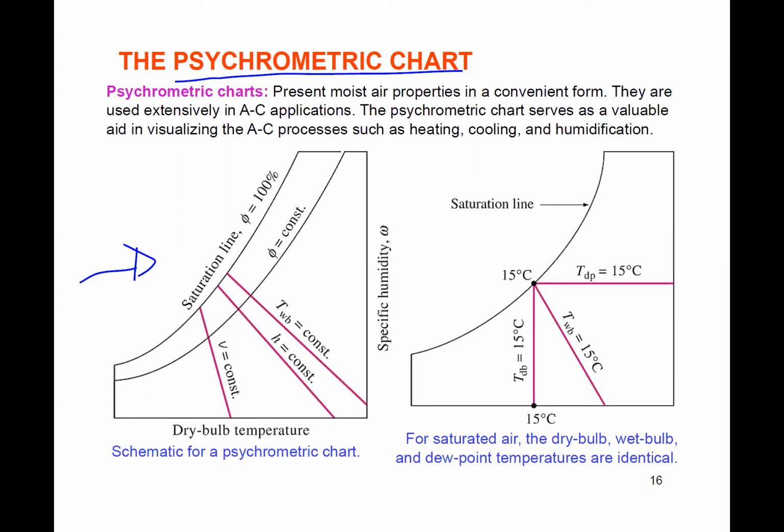Specific humidity is the horizontal line, dry bulb is the vertical line. We have specific volume, enthalpy lines, and wet bulb lines. The wet bulb and enthalpy lines are very close in slope, as you can see. And then you have relative humidity lines. This is just showing you how to relate the wet bulb, dry bulb, and dew point.